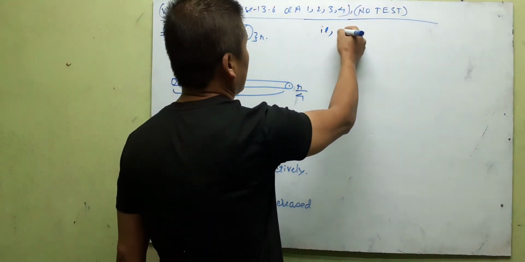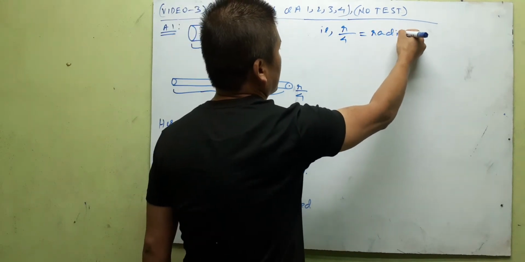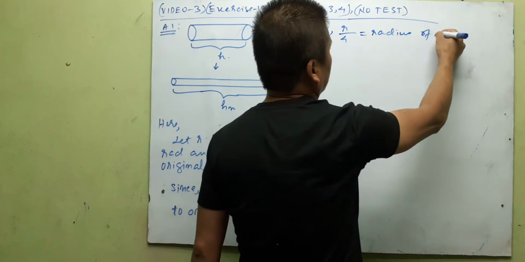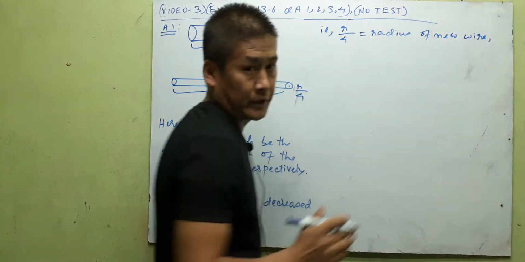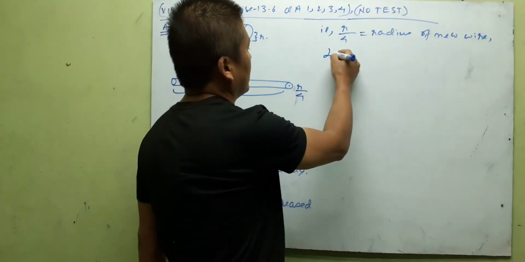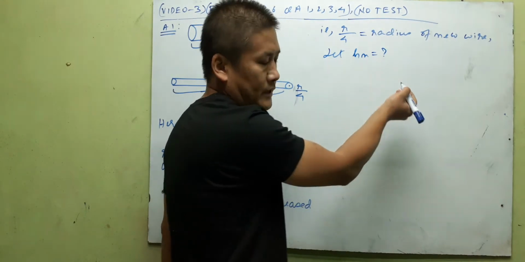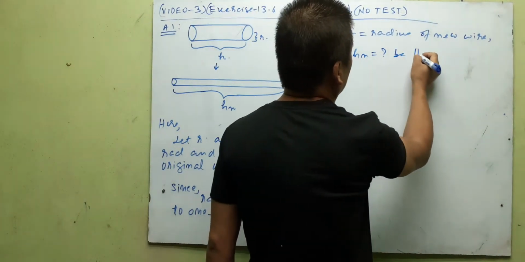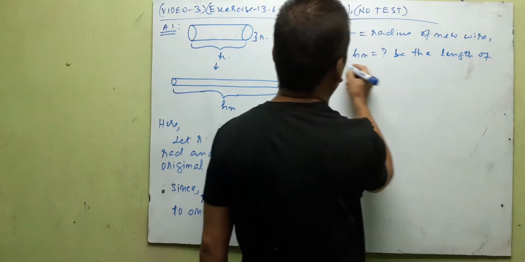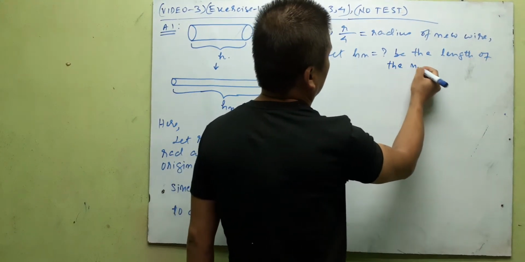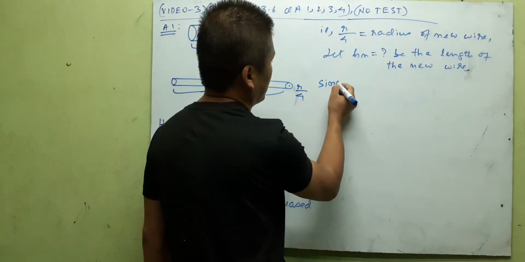That is R by 4 will become equal to radius of new wire. Now wire is cylindrical, so we keep that in mind, okay? And let us suppose Hn, unknown now, we have to find out how much this has changed, be the length of the new wire.